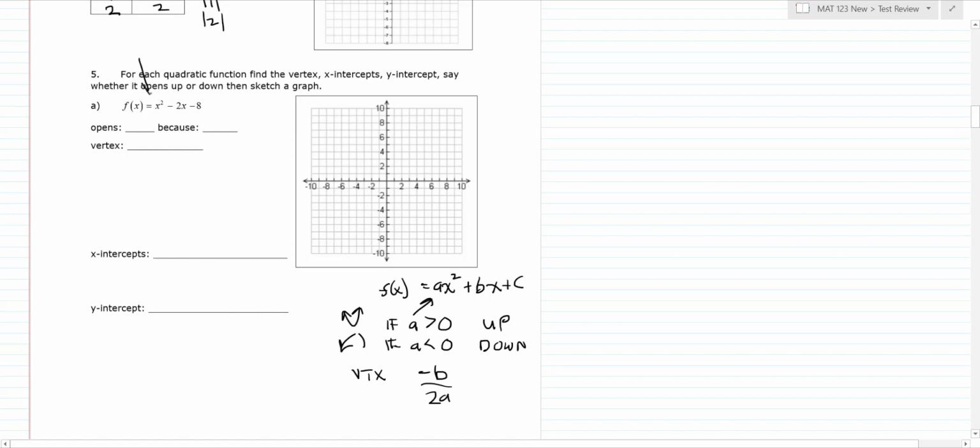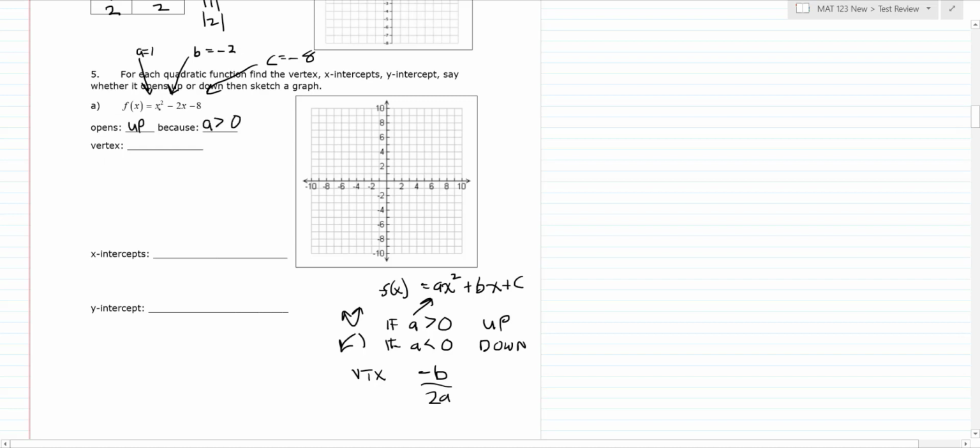Basically, in this problem, a is equal to 1, b is equal to negative 2, and c is equal to negative 8. a is the number in front of x squared, b is the number in front of x, c is the constant number. So when we do the vertex, it opens up because a is positive.